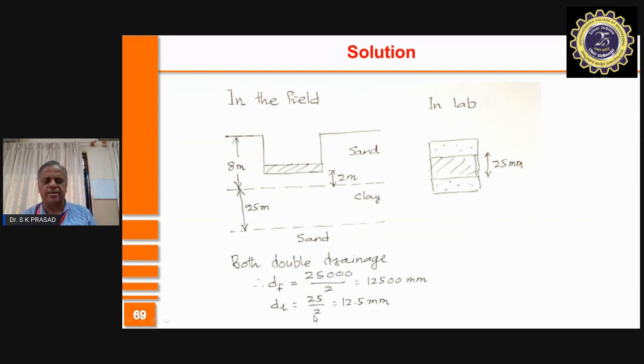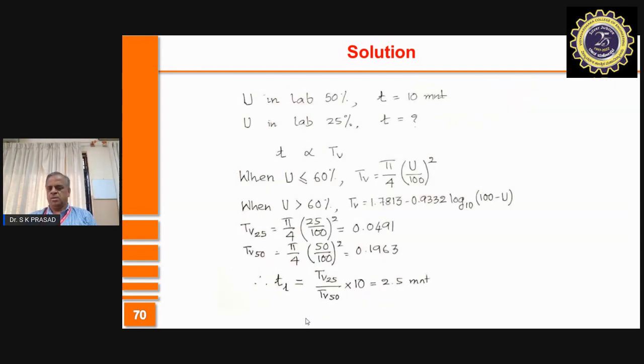And in the laboratory, it is 25 by 2, that is 12.5, both in millimeters. You should know that when the degree of consolidation is the same in lab and field, then the time taken is directly proportional to drainage path squared.